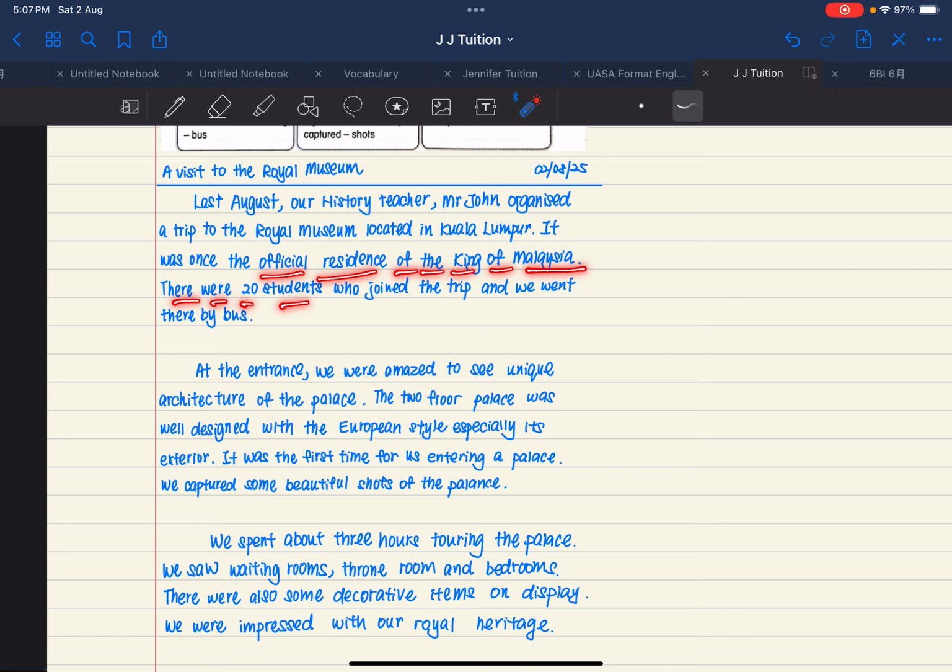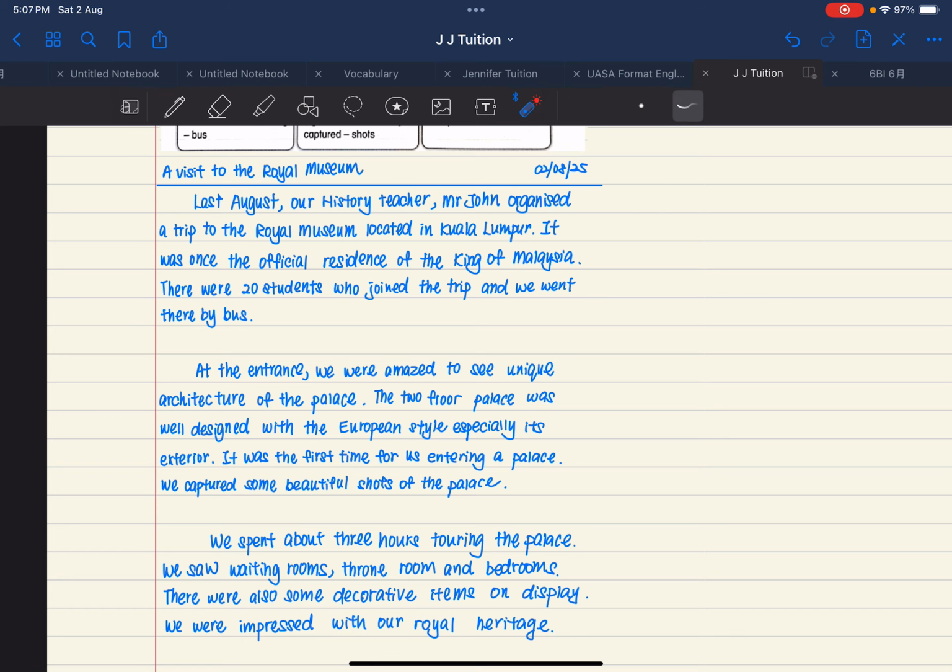There were 20 students who joined the trip and we went there by bus. At the entrance, we were amazed to see unique architecture of the palace. The two-floor palace was well designed with the European style, especially its exterior. It was the first time for us entering a palace. We captured some beautiful shots of the palace.